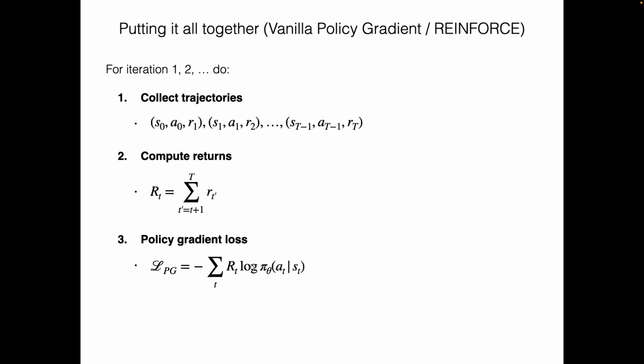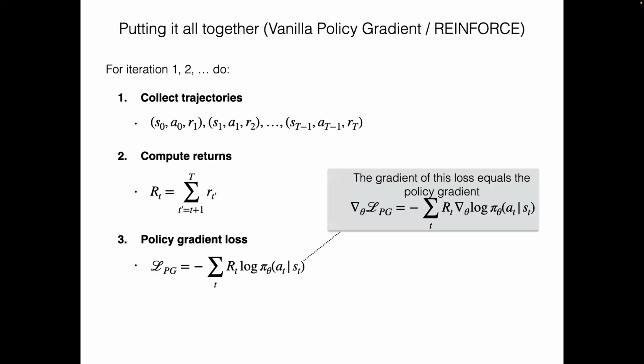Then you have everything you need to compute the policy gradient. Now, if you think about PyTorch, it's easier to write down a loss function than to program in a gradient. So you can use this implementation trick: if you set this as your loss function, then when PyTorch takes the gradient, it ends up being the policy gradient.